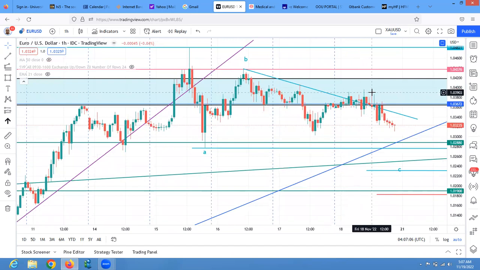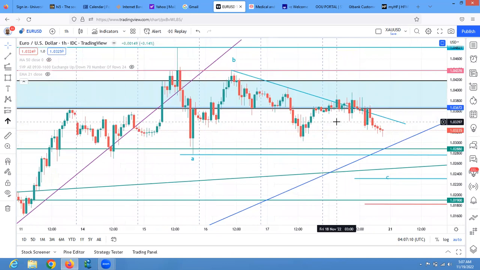And for me and you, what I will see from the C wave is that the A wave, which came like this, had given me a 3-wave format, which is a 1 and a 2 and a 3. And the B wave had also given me a 3-wave format, a 1, a 2, and a 3.